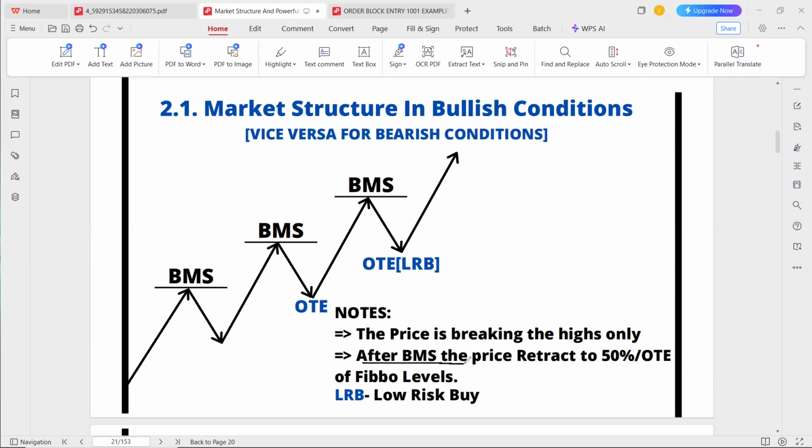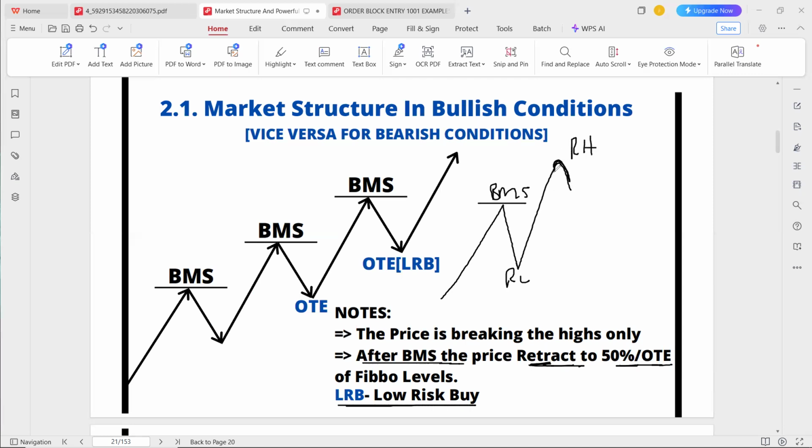After a break of market structure, the price retraces or pulls back to the 50% OTE of the Fibonacci levels, which becomes a low risk buy. So each time a price is moving, once we break a structure, BMS, we are anticipating to run our fib from the range low to wherever the price starts to retrace from, which becomes your range high.